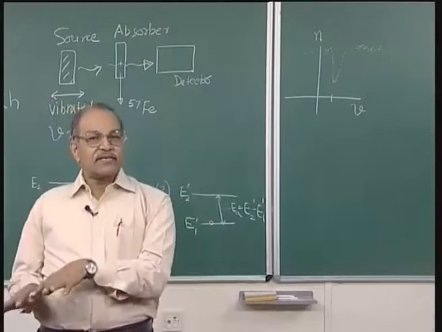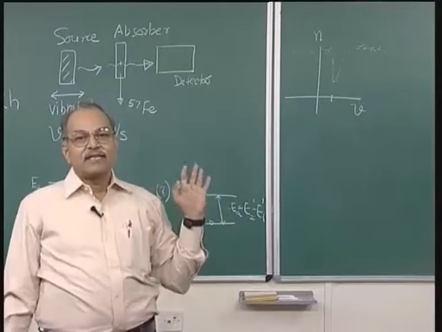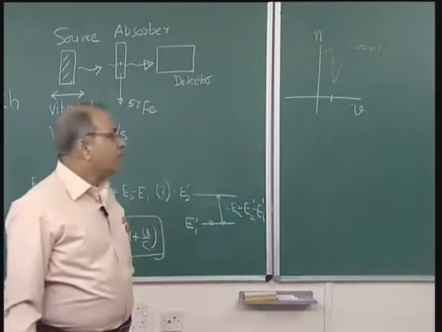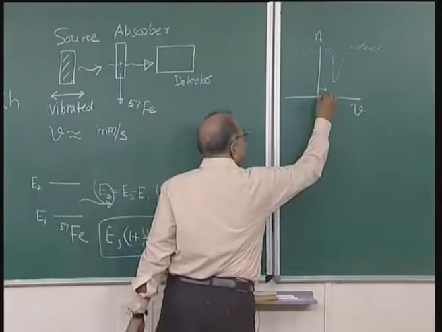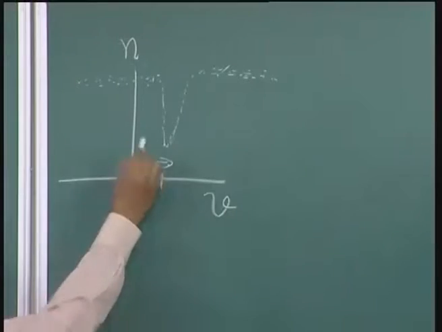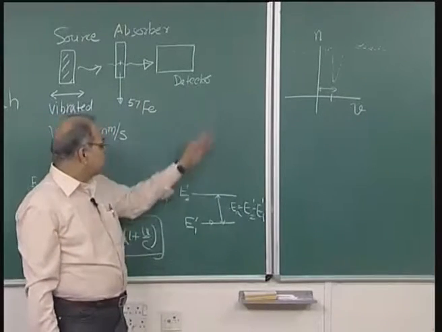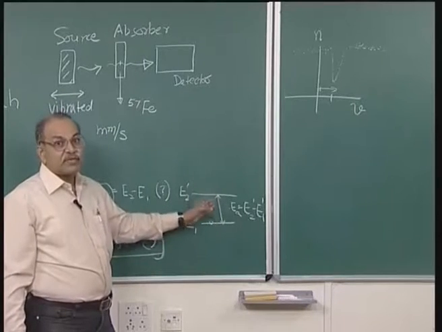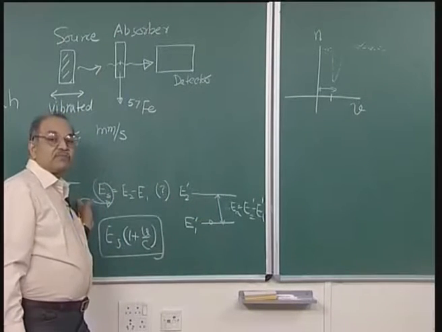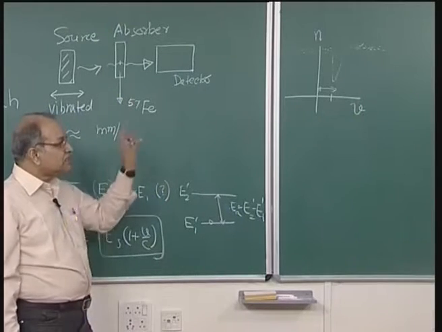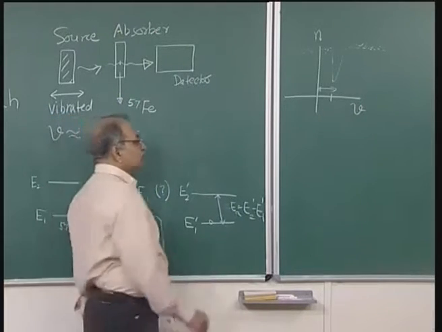The electronics is there to do all these things and we get this kind of curve, and then from this velocity, at what velocity I am getting this maximum absorption, I can infer how much was the shift here as compared to this rhodium cobalt source. This is known as Mossbauer spectrum.